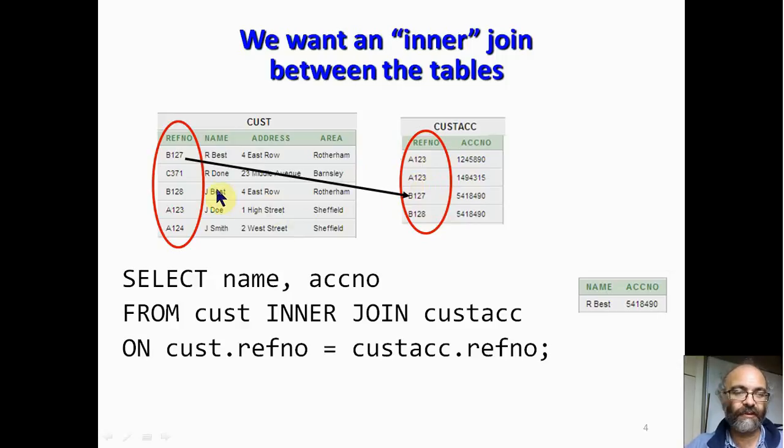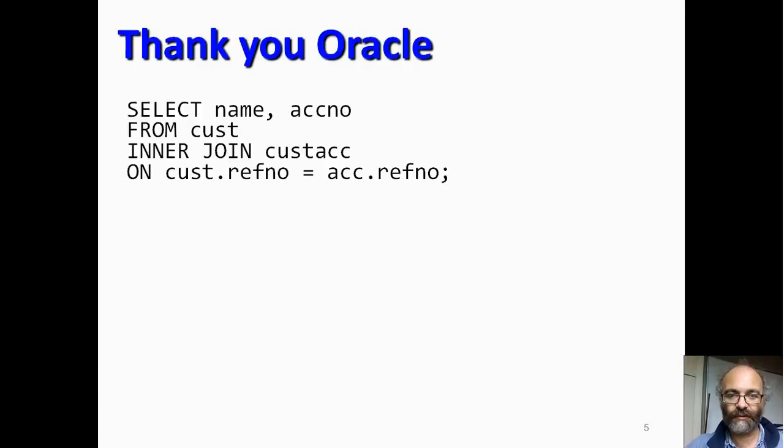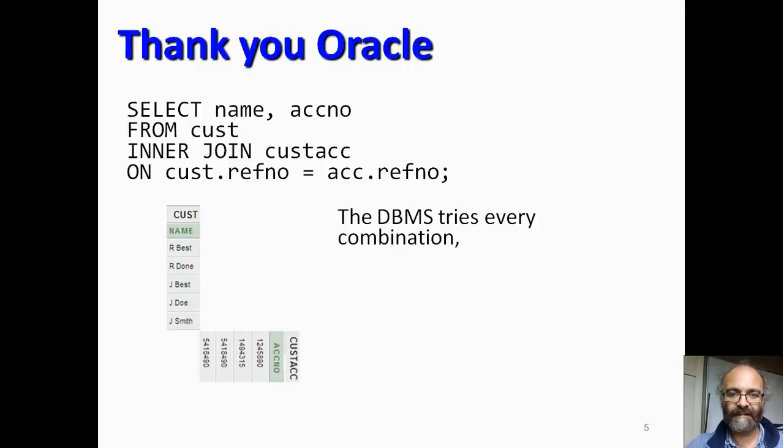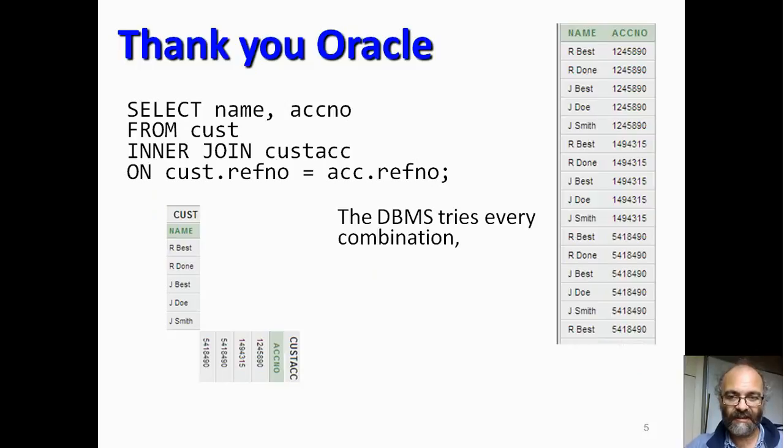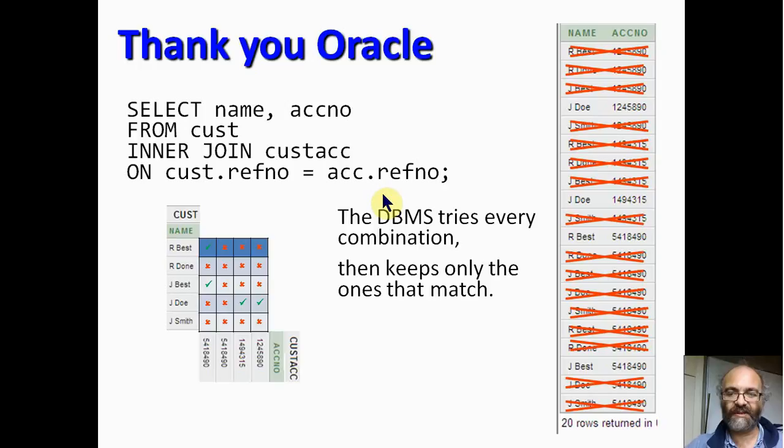It will do the same comparison again with everything else, giving us a summary table where it has every customer and their account. Of course, the database system has to work quite hard to produce this, trying every combination and keeping only the ones that correspond, that match what we are looking for.